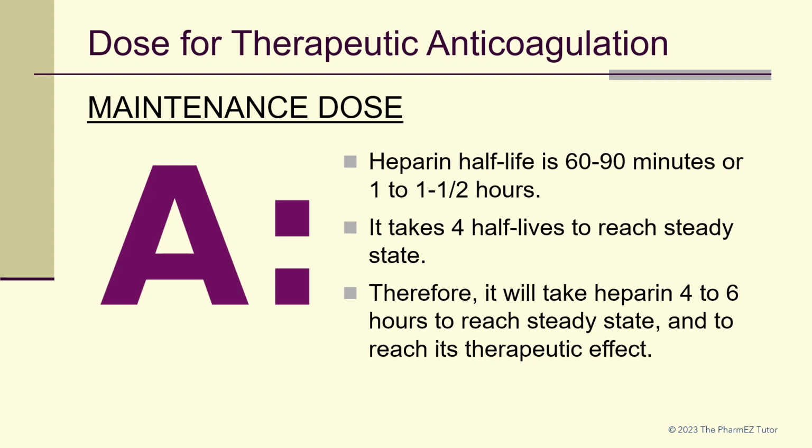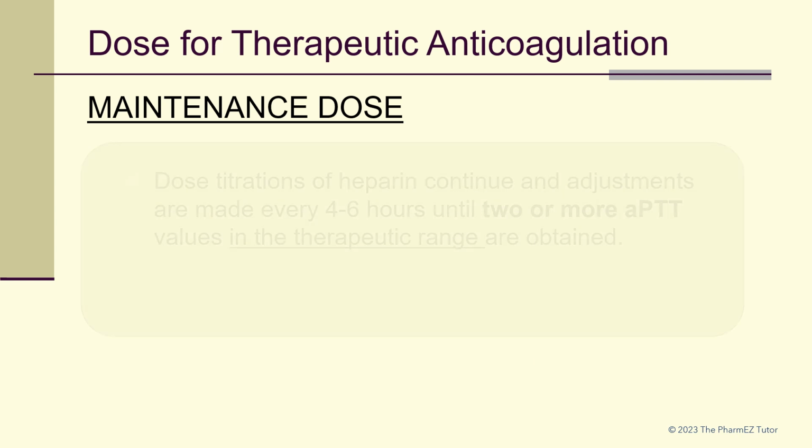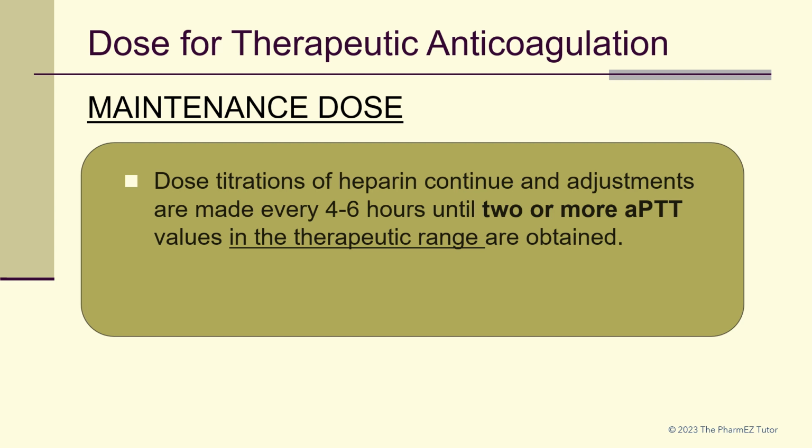Therefore, it will take heparin 4 to 6 hours to reach steady state and to reach its therapeutic effect. Dose titrations of heparin continue, and adjustments are made every 4 to 6 hours until 2 or more aPTT values in the therapeutic range are obtained. Then aPTT is checked daily.